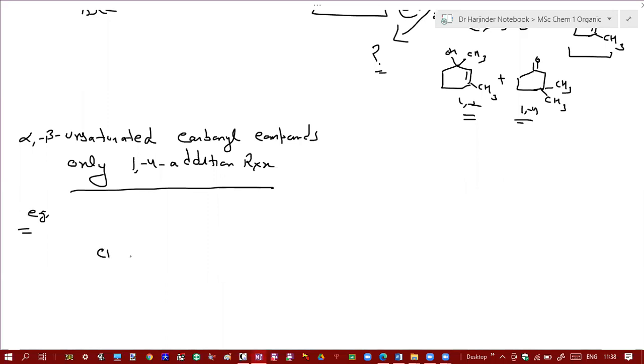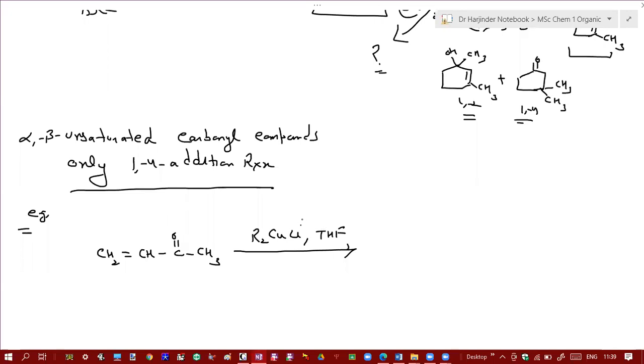this one, CH2 double bond CH, C double bond O, CH3, and if you treat it with dialkyl lithium cuprates in THF, they undergo only 1,4 addition reaction. There's no 1,2 addition reaction. So how will this addition take place?